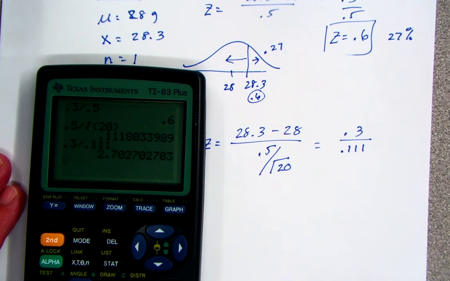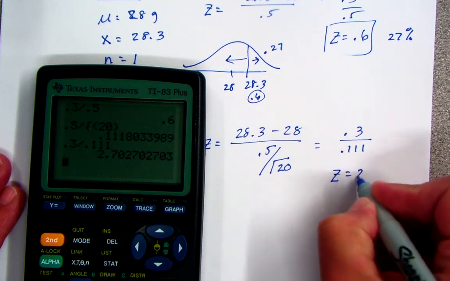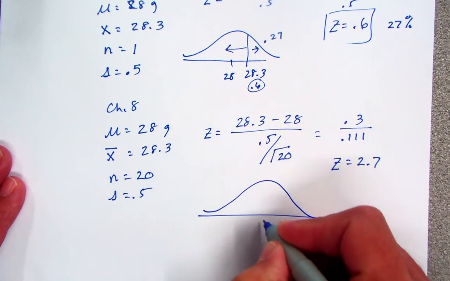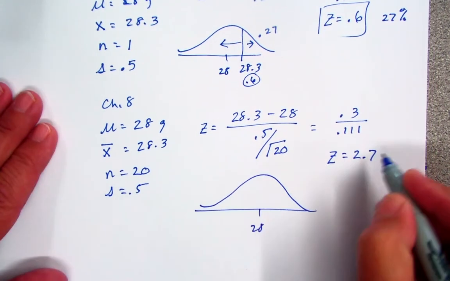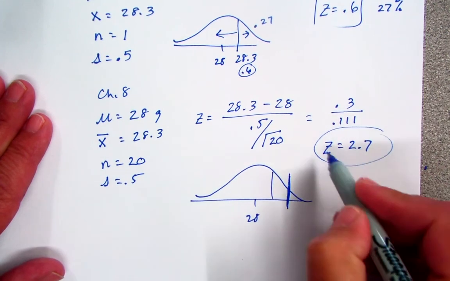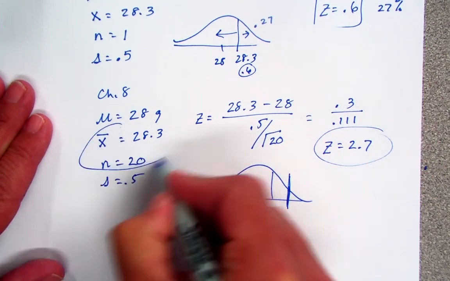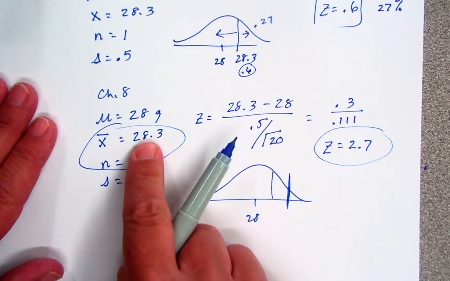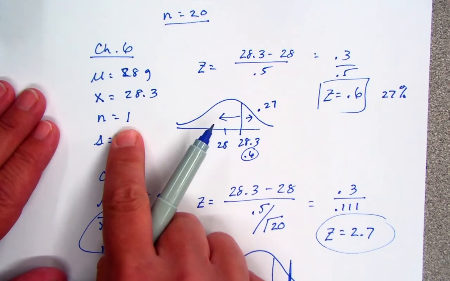It helps me with the order of operations, and I get z equals 2.7. So now on the curve, here's 28, but now I'm 2.7 steps above, so I'm up here. This suggested more evidence when my mean of 20 samples was weighing more versus just one sample.